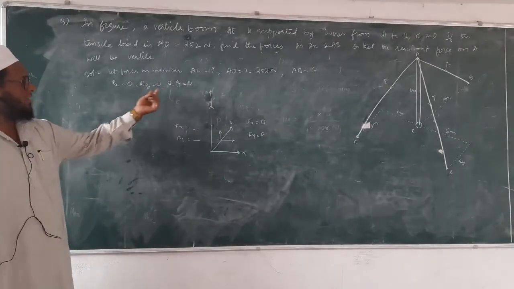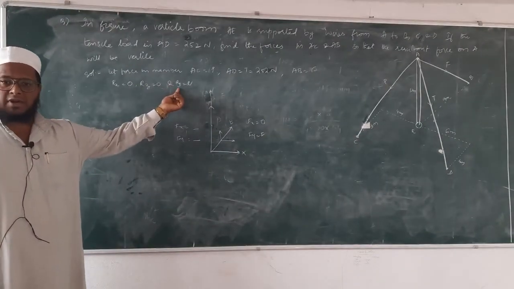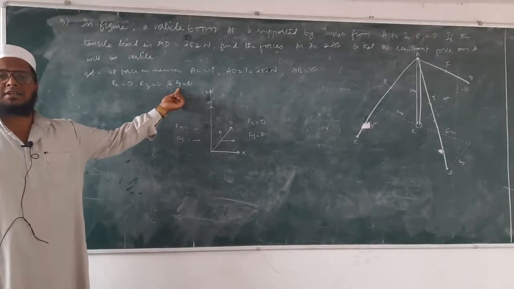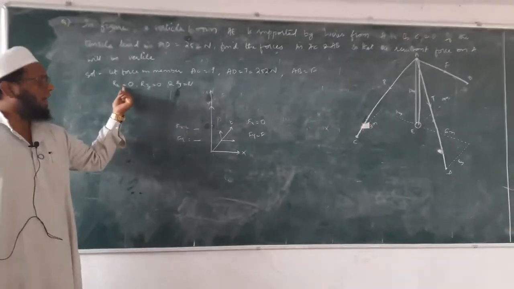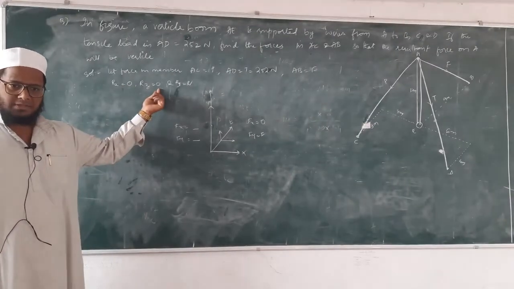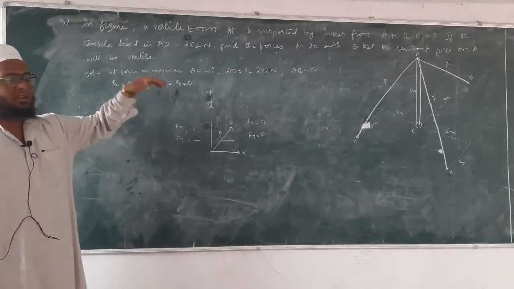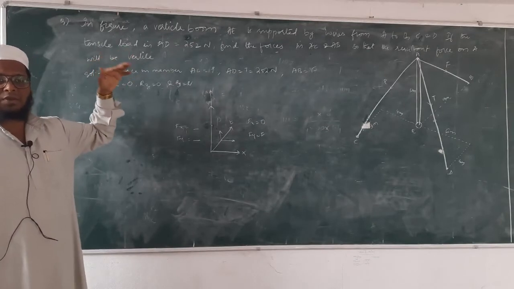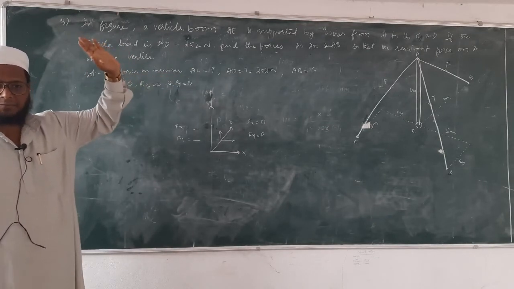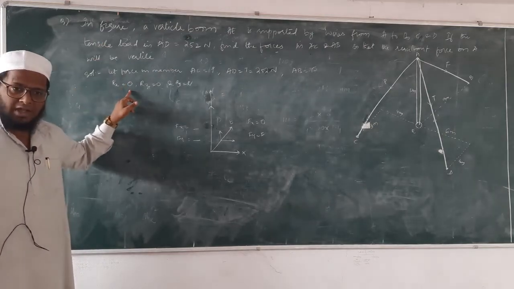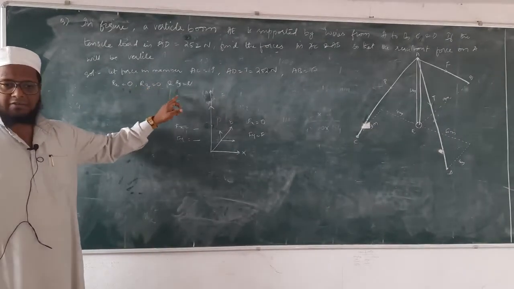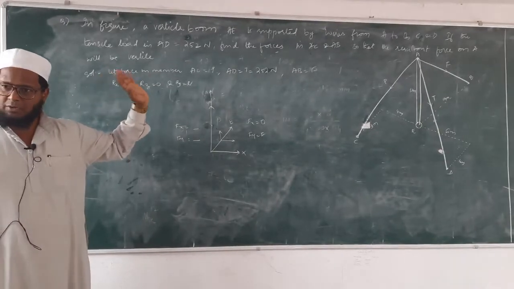Yes. If the resultant is going exactly in vertical direction, then Rx and Rz will become 0. Suppose the resultant is going exactly in horizontal direction, then what happens? Rx is equal to R, whereas Rz and Ry will become 0. Able to follow?